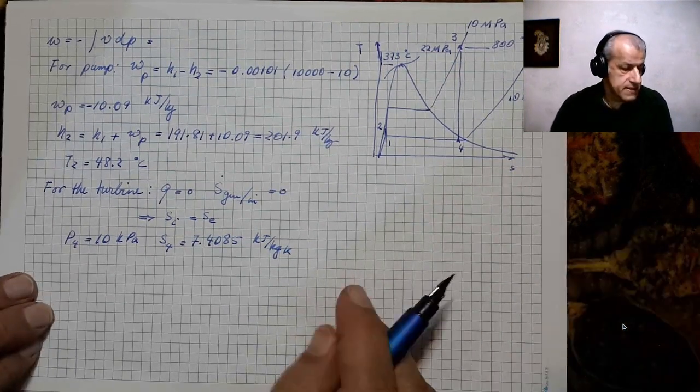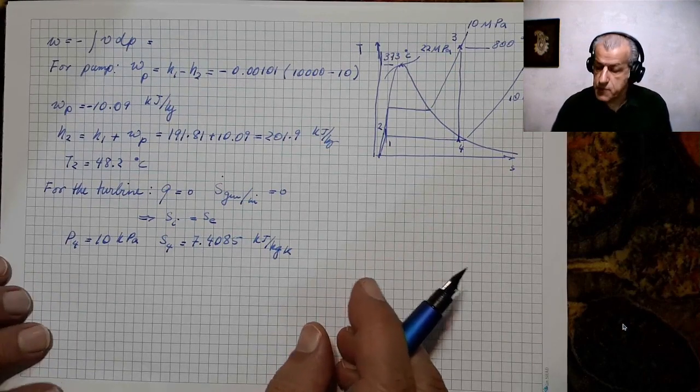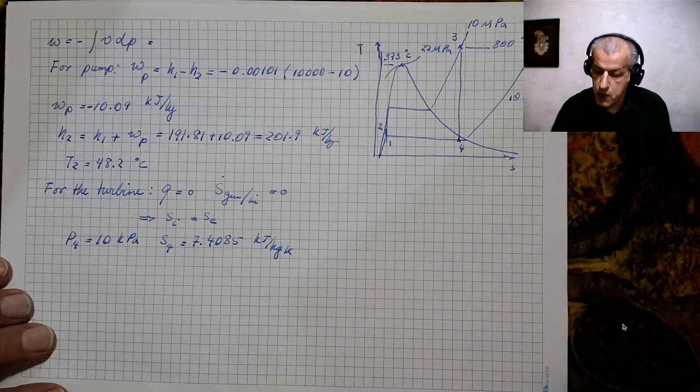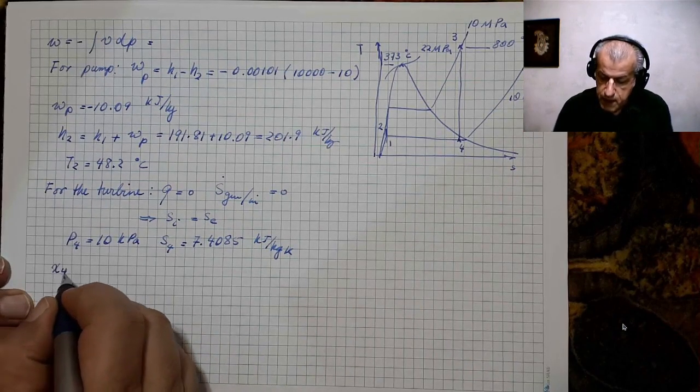Now, since entropy is the same, we know the entropy for point 4, and therefore we can calculate x4.